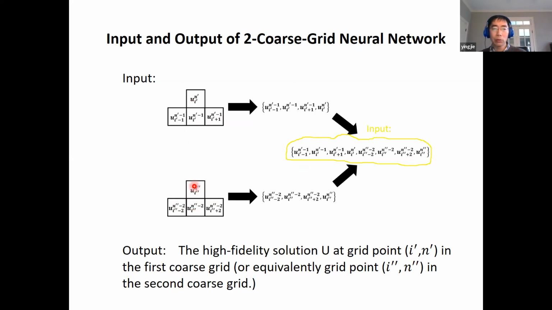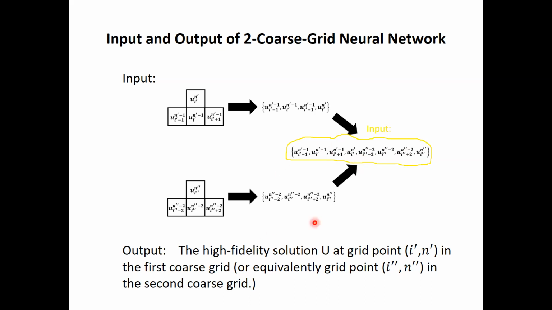They correspond to the same space-time location, right? So we line them up and put them together, and this will form our input. So from this input, we expect the neural network to distinguish the discontinuity from a smooth way.